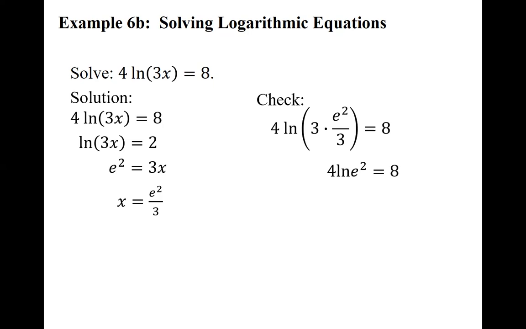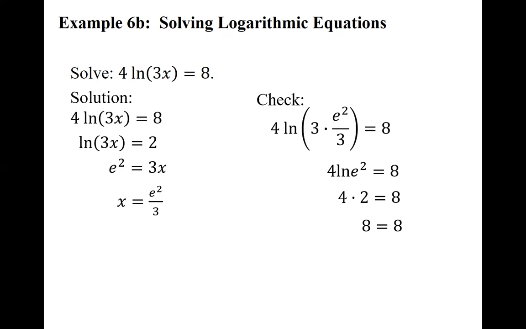That coefficient can become a power. e squared to the 4th would be e to the 8th. Natural log and e cancel each other out, leaving us with 8 over 8, or 8 equals 8, which is true. Or, as they did it here, the natural log of e squared, the natural log and the e cancel out, leaving us with 2. 4 times 2 is 8.